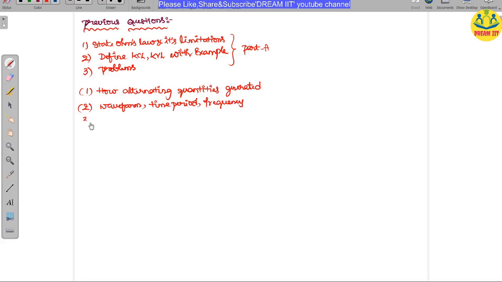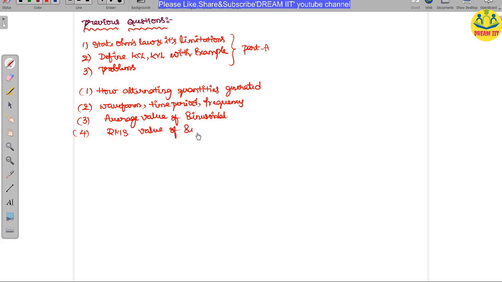And the third question you are going to get, which is very important, is to derive an expression for the average value of a sinusoidal signal. Fourth question, derive an expression for the RMS value of a sinusoidal signal.